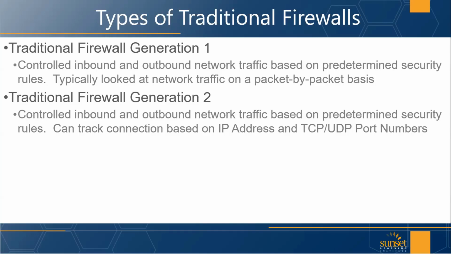So the key difference between Generation 1 and Generation 2 is the ability to track a connection versus packet by packet. In Gen 1, there's no knowledge of anything. Packet comes in, it looks at it, says yes or no. Another packet, yes or no. With Gen 2s, we start looking at flows of packets. Okay.